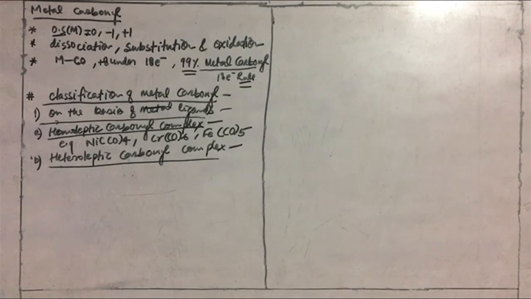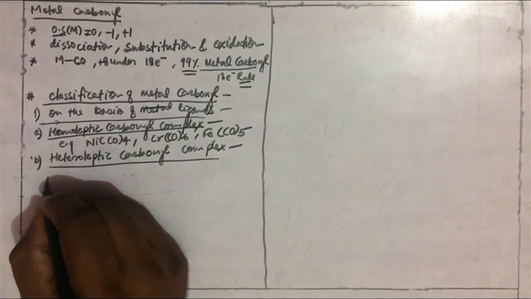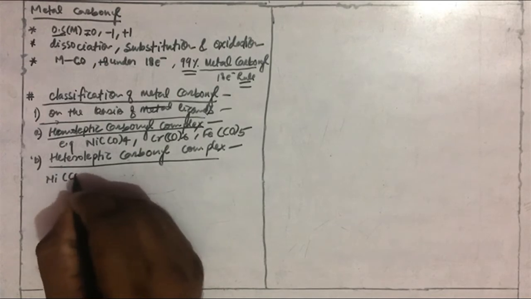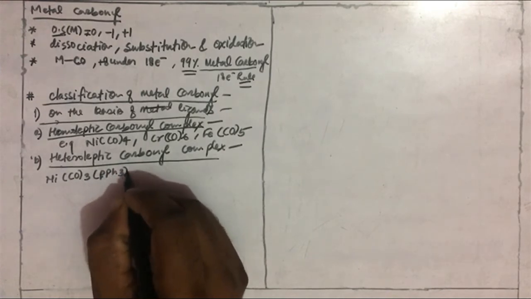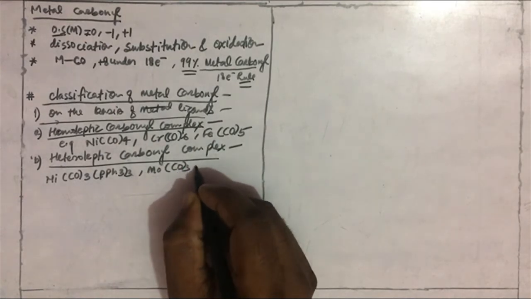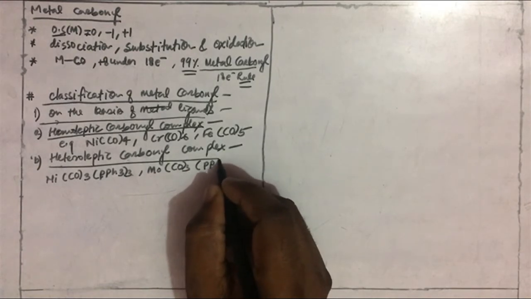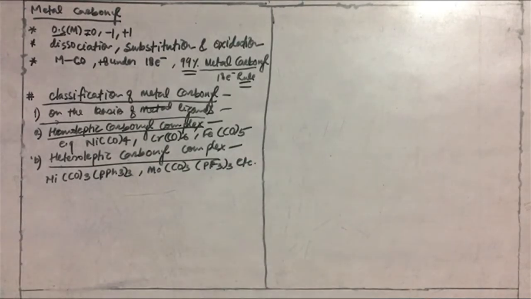Heteroleptic is basically when a metal is bound to CO as well as other ligands, for example Ni(CO)3(PPh3), Mo(CO)3(PPh3)3, Mo(CO)3(PF3)3, etc. These are the examples of heteroleptic complexes.